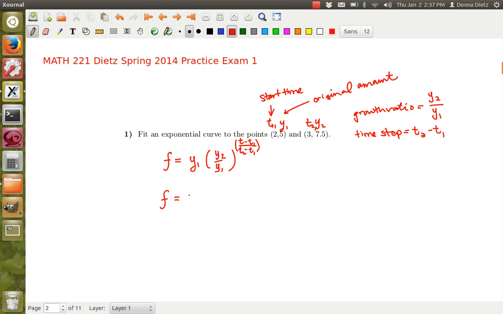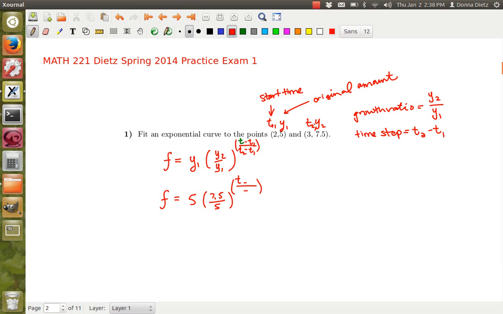So we start off with 5. The growth ratio is 7.5 over 5. We will simplify that, but for now let's just dump everything in. This T is the actual variable T, as opposed to all these other little letters and numbers floating around, which are actually values we're getting out of the problem.